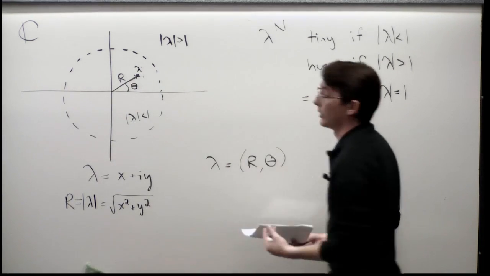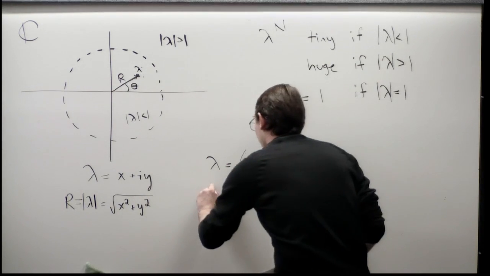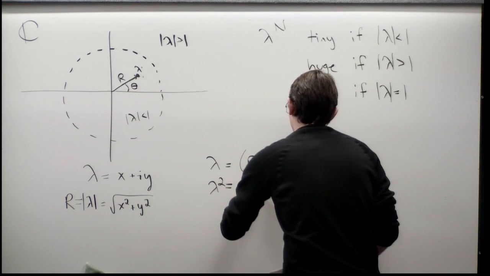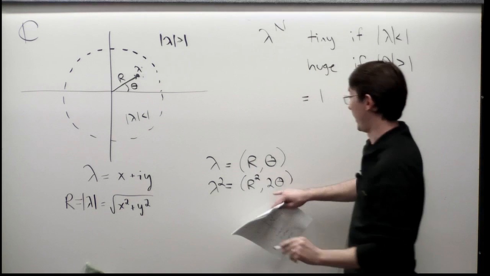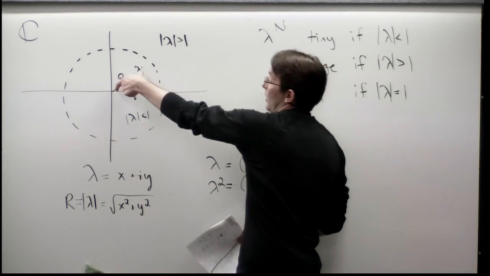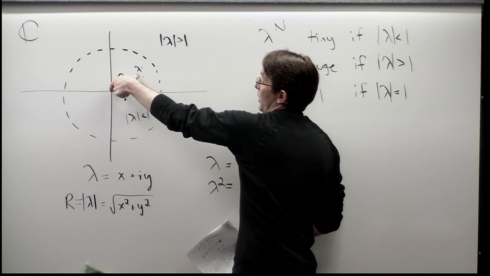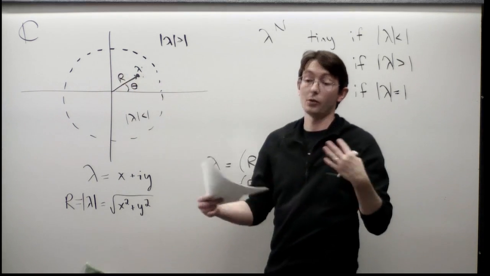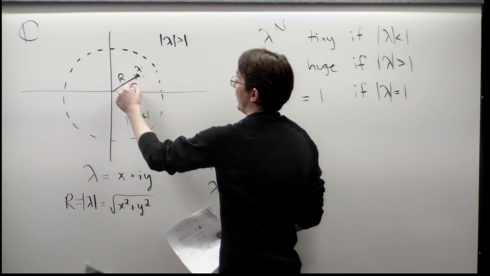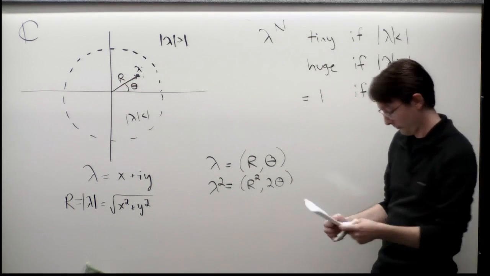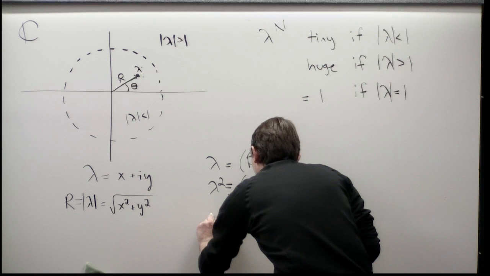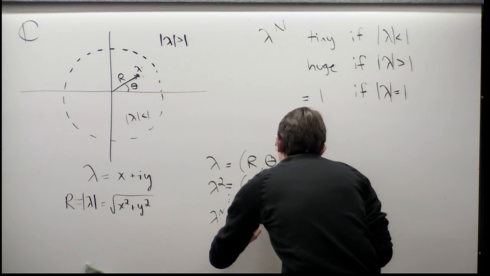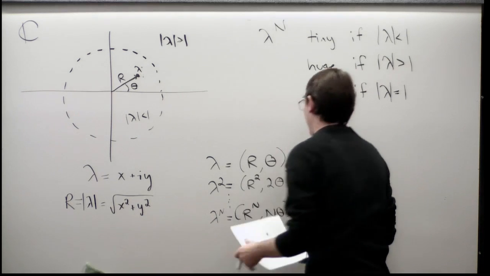Now there's a rule in complex arithmetic that lambda squared is equal to r squared with an angle of 2 theta, right? So if I take lambda and square it, then my radius becomes my radius squared, and I increase my angle by another theta. Okay, and I keep going, and I get lambda to the power n equals r to the n with an angle of n theta.